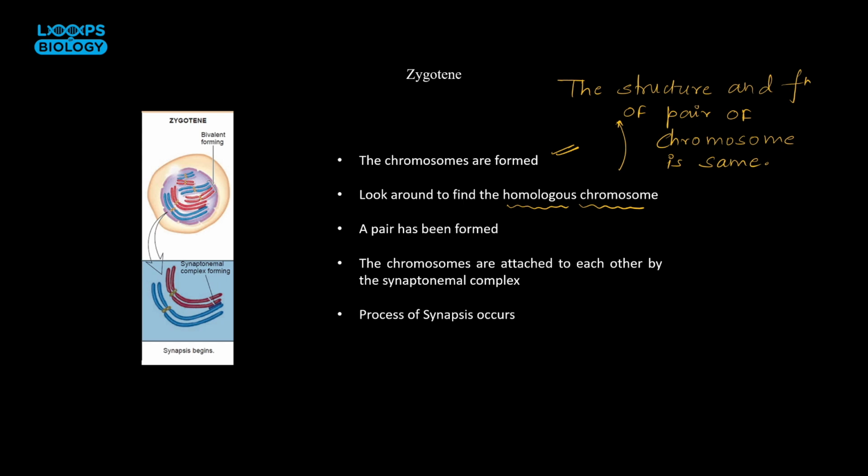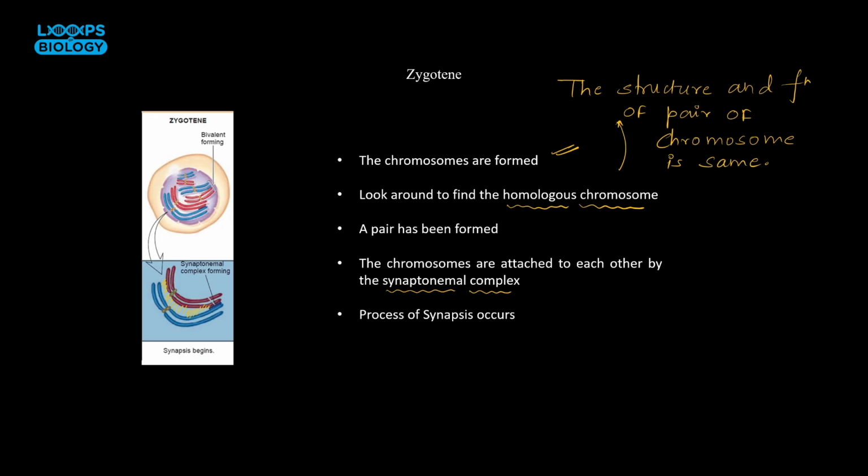After the pair formation, there is a synaptonemal complex, a protein complex that helps join these chromosomes together and helps them remain attached to each other.